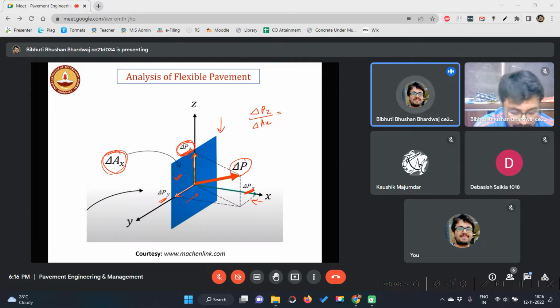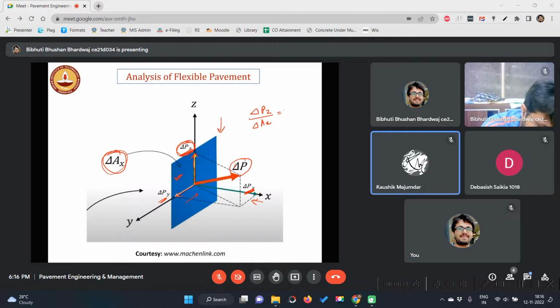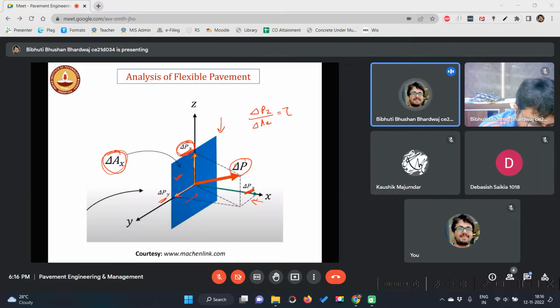You tell me this will be normal stress or shear stress? Sir, shear stress. Now should I write Zx or Xz or tau Zx for this particular?